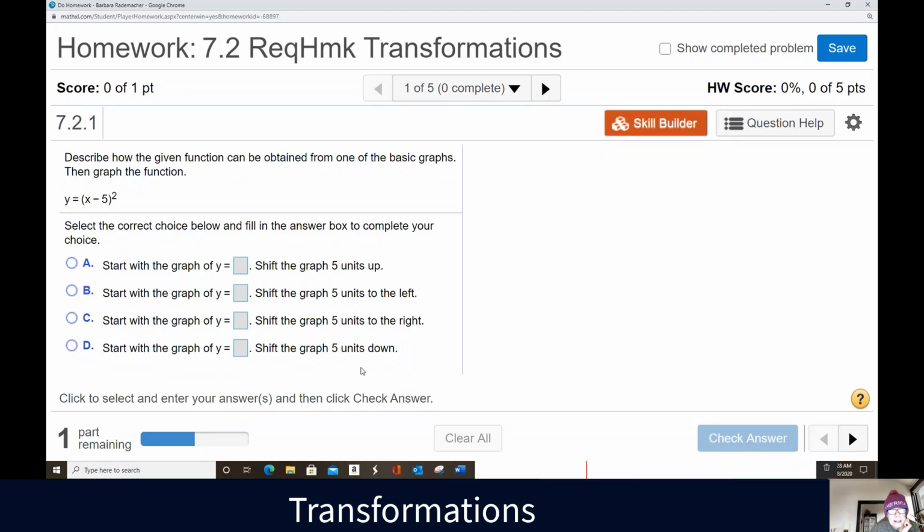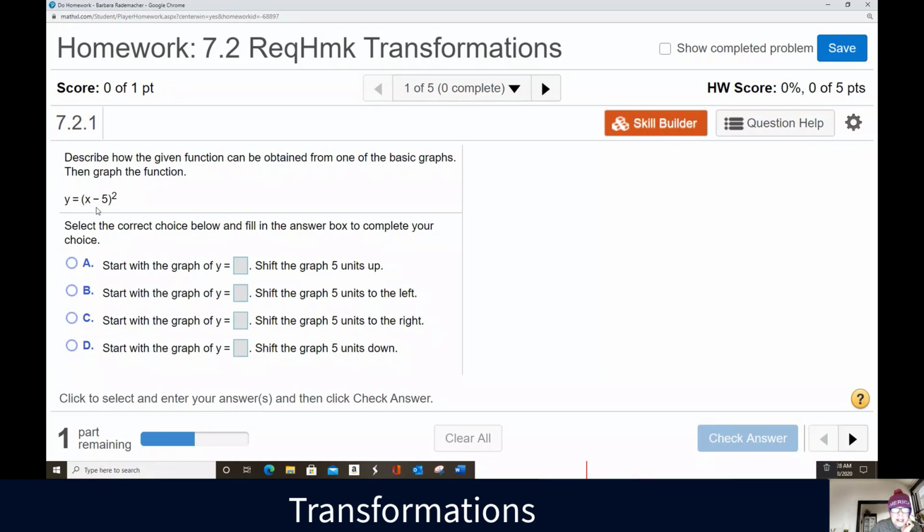The other one, with the graph of y equals x squared, shift the graph 5 units down. If that were on the outside over here, yes. If you had x squared minus 5, then you would be shifting the graph of x squared down 5 units. But it's not.